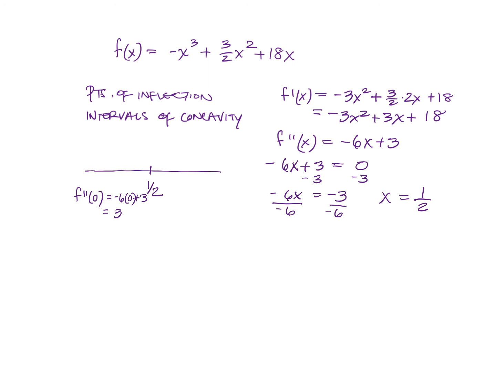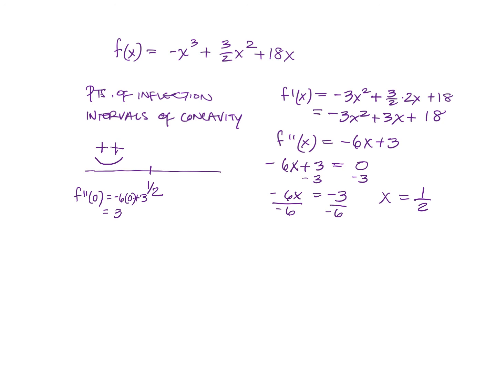And so I like to write it like this. The second derivative is positive, so we have concave up. All right? Second derivative positive means concave up. And that nice little smiley face can remind you of that. And then I'm going to take a number on the right side of 1/2, and we can pick any number we want again.